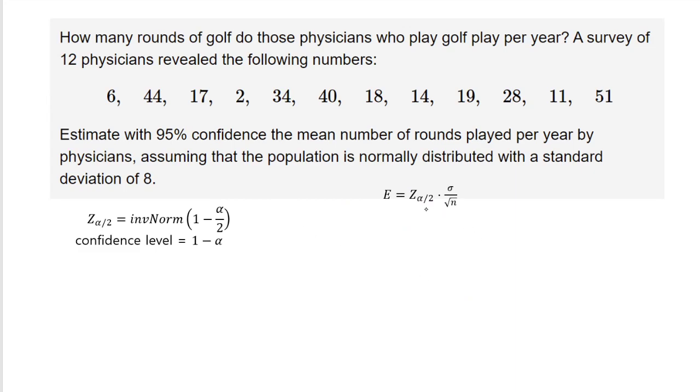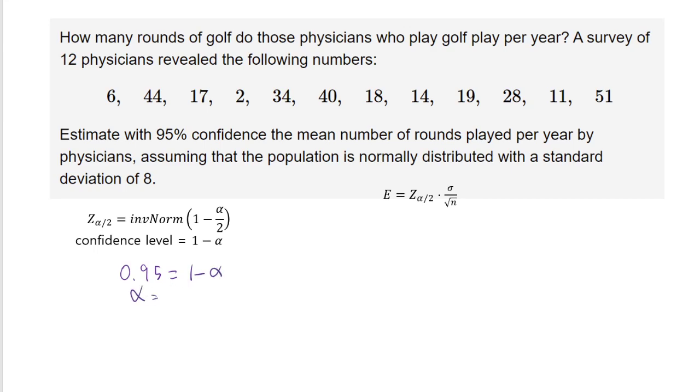Okay, so because I need to calculate this, we need to calculate the critical value z alpha over 2, which is calculated by inverse norm of 1 minus alpha over 2. And the alpha is defined by this formula. Let's see what alpha is. Confidence level is 95%, 0.95. That has to equal 1 minus alpha.